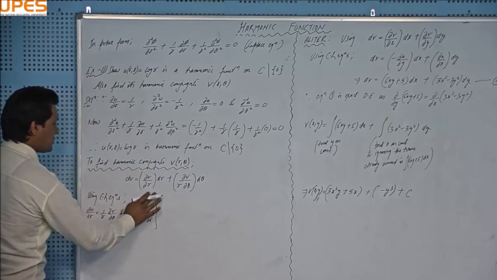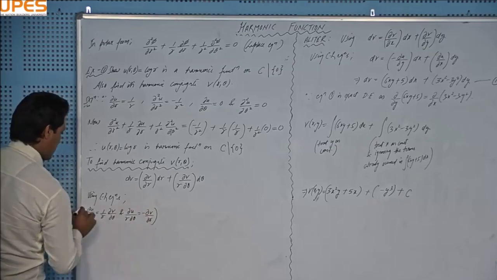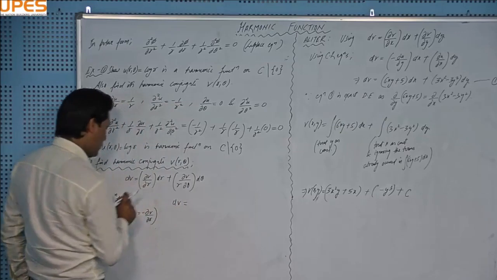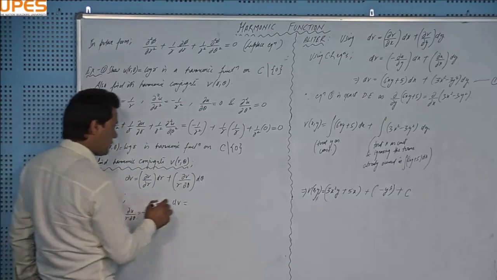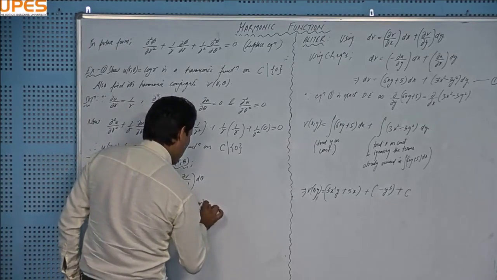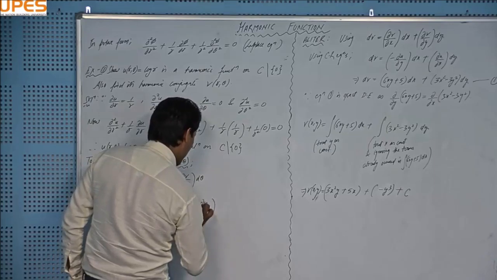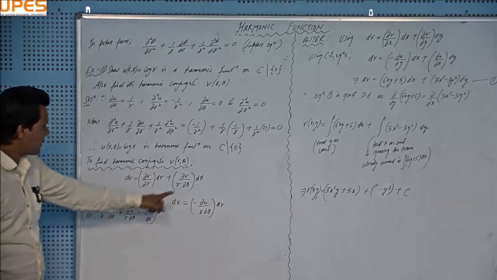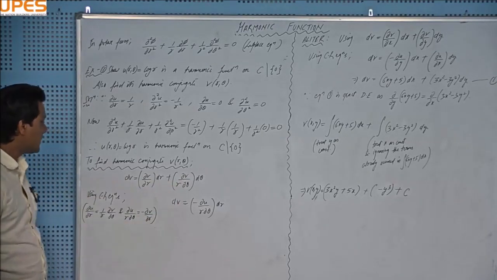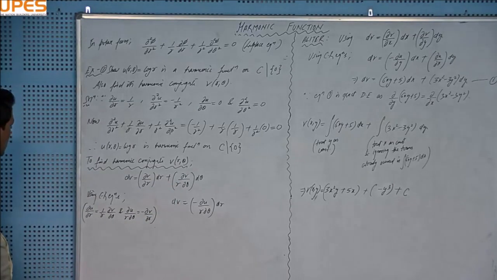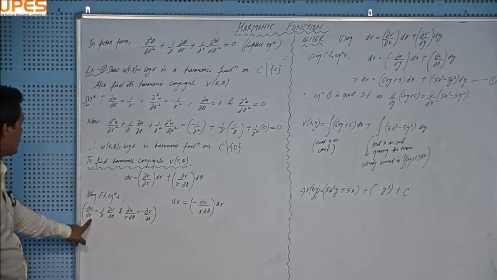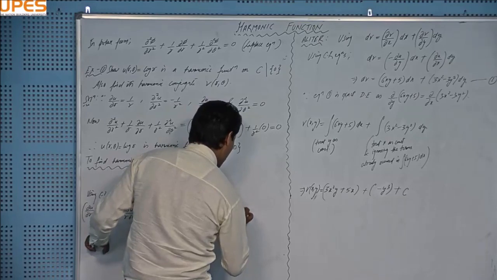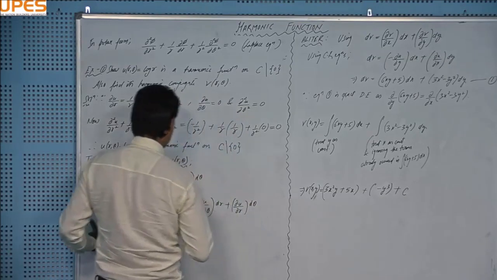So dv equal to del v over del r, which is negative of 1 over r del u over del theta, dr, and del v over r del theta, which is equal to del u by del r, d theta.